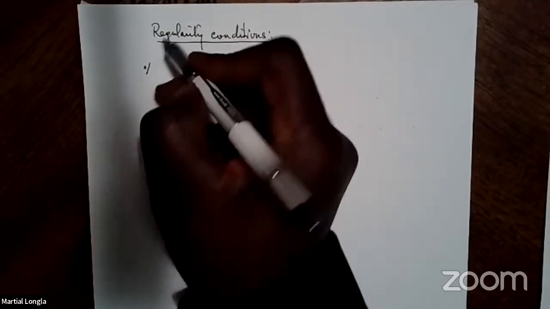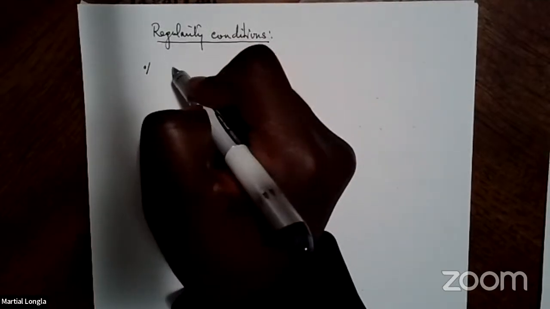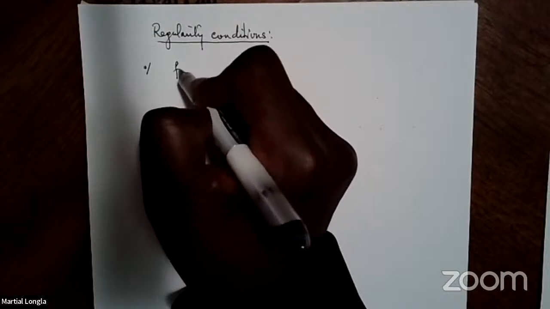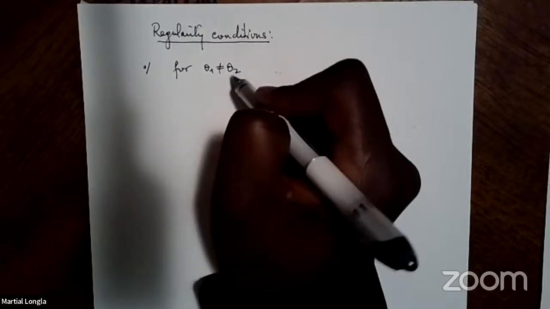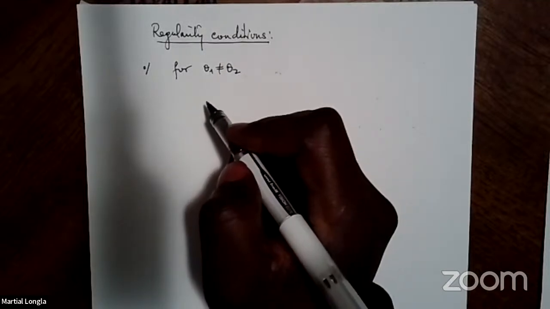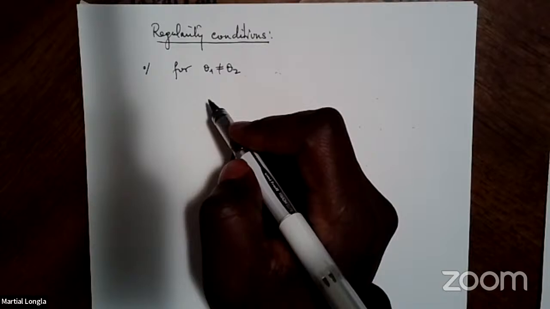The first thing is that for theta 1 not equal to theta 2, the distributions are different.